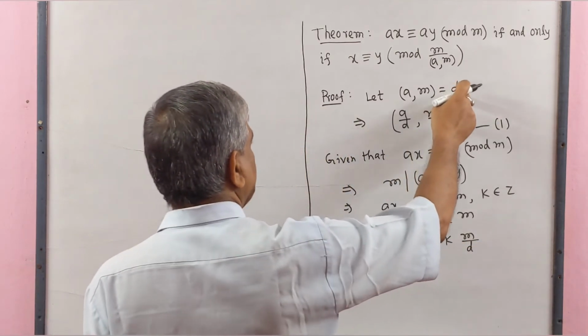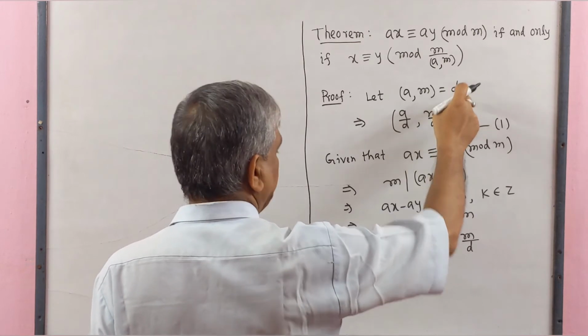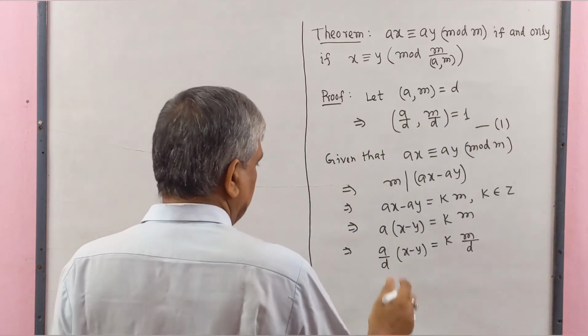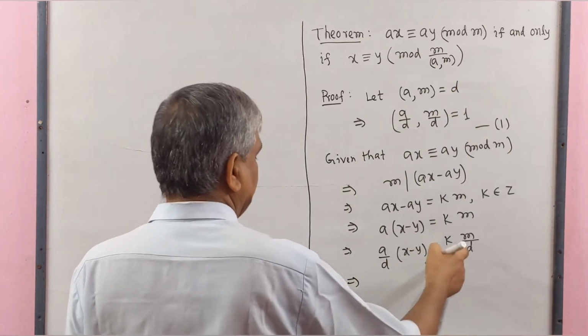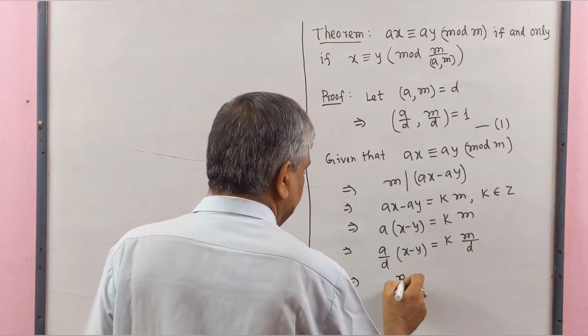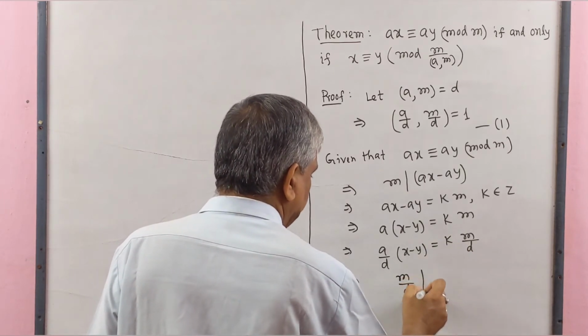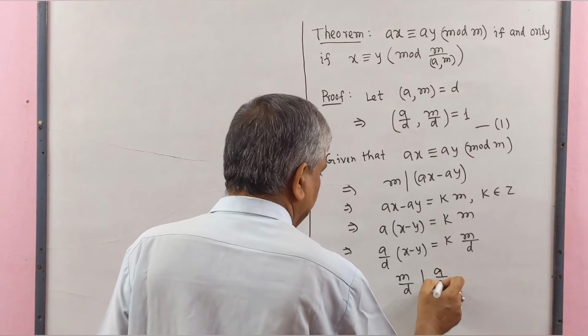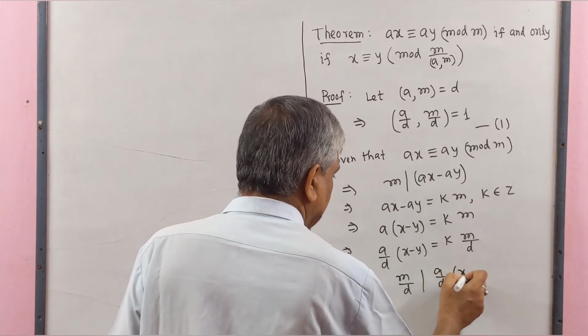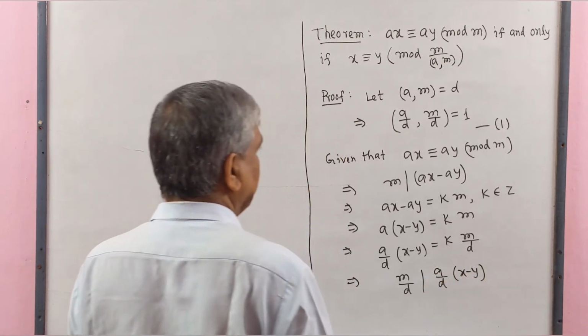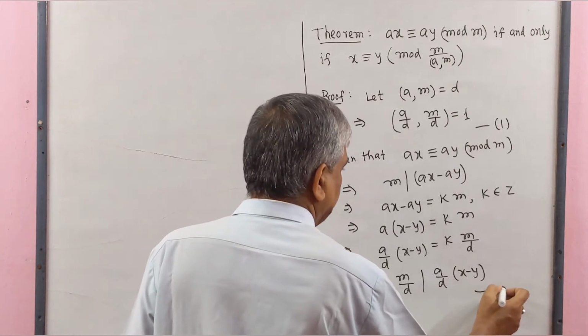Since d is the GCD, so d is not equal to 0. This implies that m by d divides a by d multiply x minus y. This is number 2.